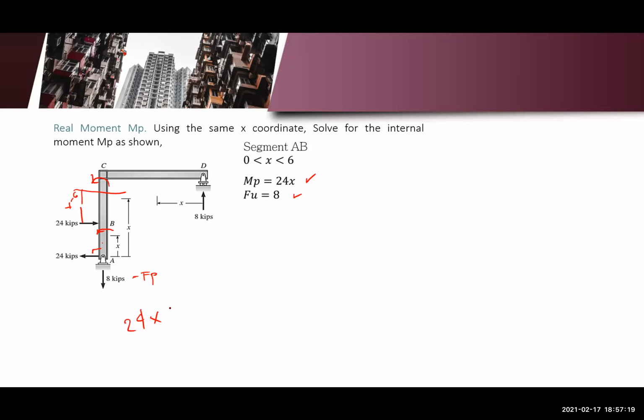So 24x minus 24 times x minus 6. Tama ba? Tama. Tapos, since pwede mo naman siyang i-simplify, diba? So, negative 24x plus 144. So, yun. Ito yung matitira. Plus 144. Kasi negative. Tama ba? 24x minus. Tama. So, yan.